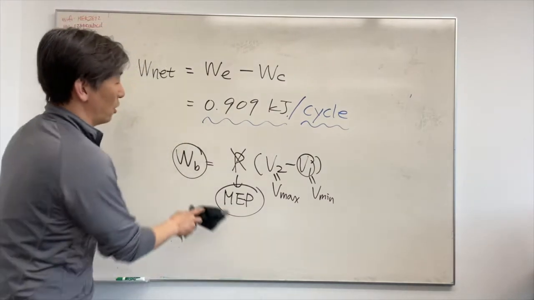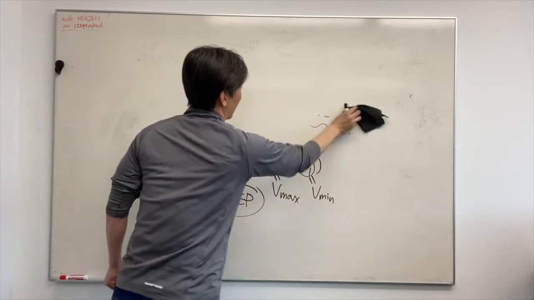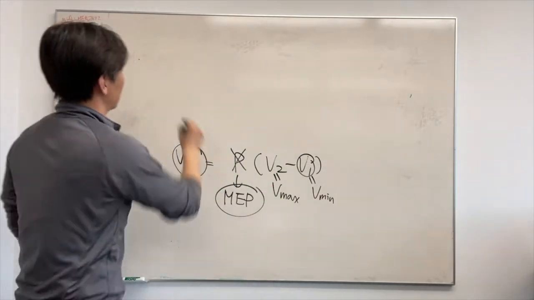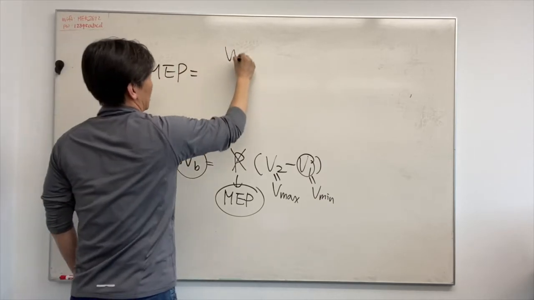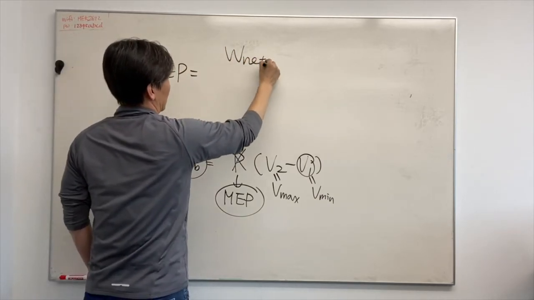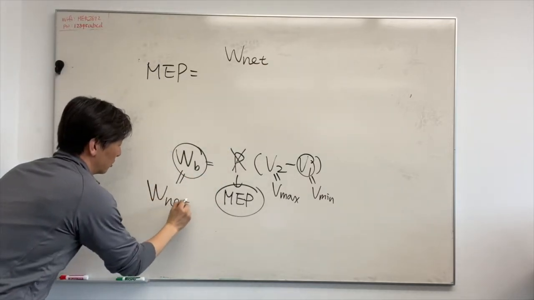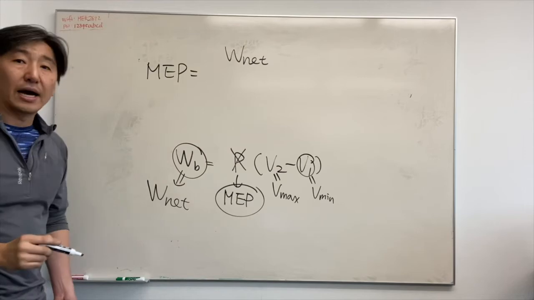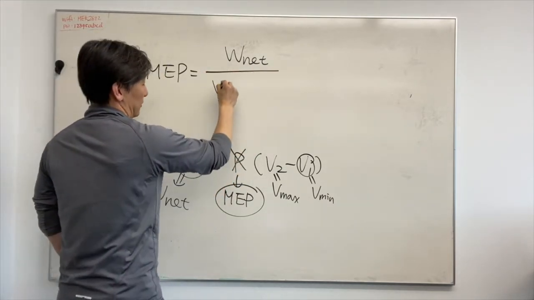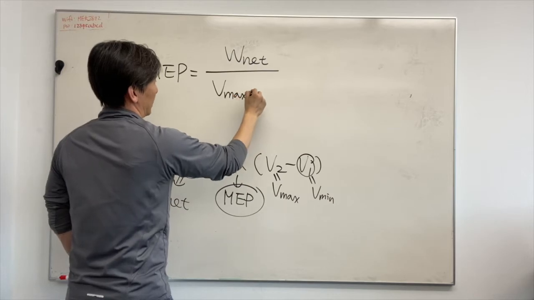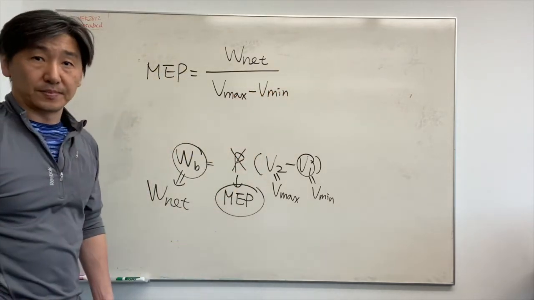So from that equation, what we can write in terms of MEP is, the boundary work can now be replaced by net work. So net work divided by V max minus V minimum. Okay?